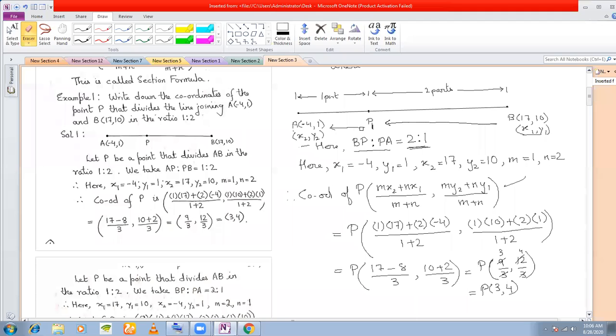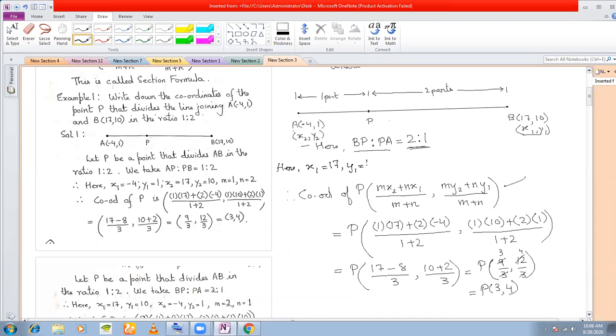Now with the help of the section formula, we are going to find out the coordinates of P. But this time, we are starting from B, so a little change is required here. Okay. So here, we have taken B as x1, y1. So x1 here is 17.